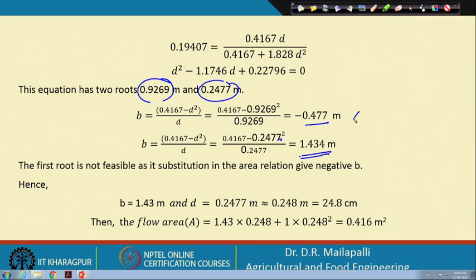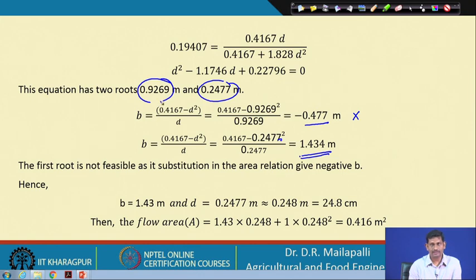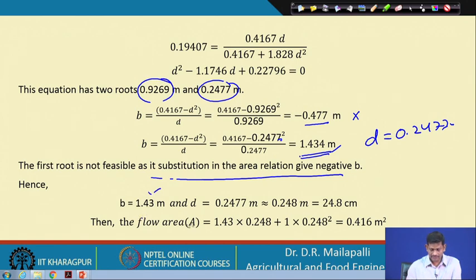So, since it is negative, the root D is equal to 0.92 is not the correct one. So, we have to take D is equal to 0.2477 because it is giving the positive value. So, the first root is not feasible. Okay. And now B equal to 1.43 and D equal to 0.2477 meters, that will be 24.8 centimeter.